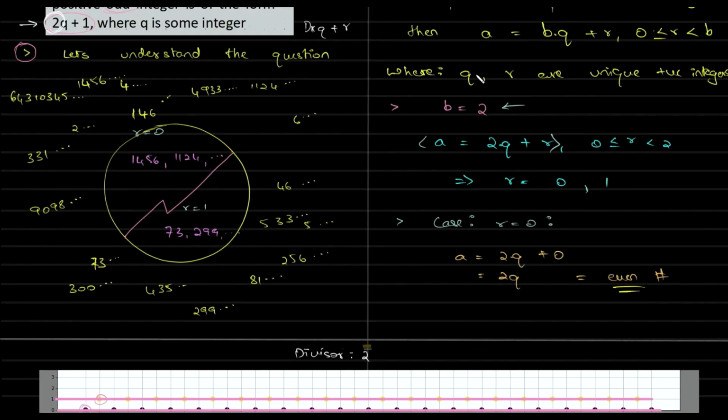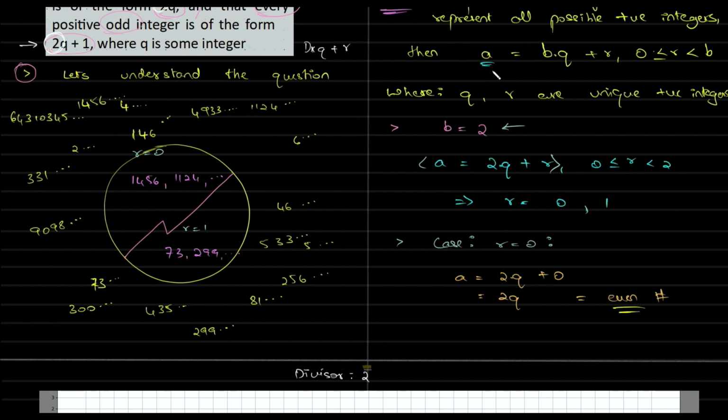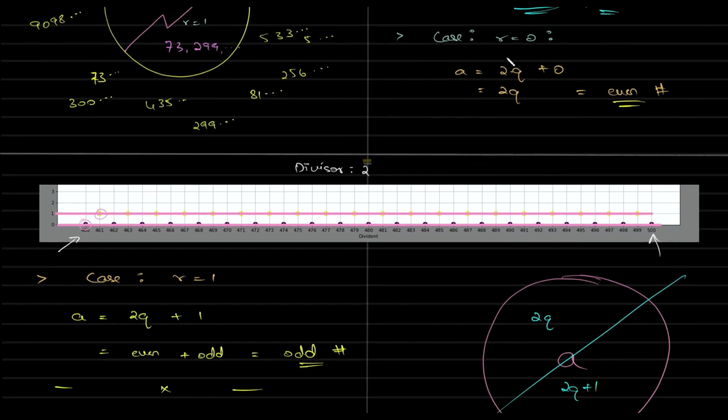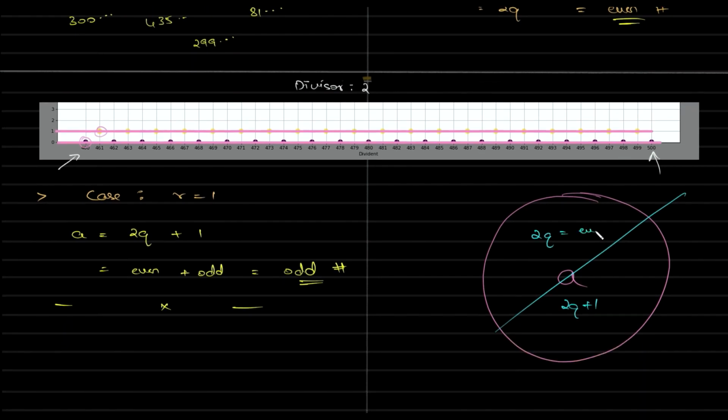Mathematically we showed that. We said that okay, a, b, all the possible integers, and we just took b to be equal to 2, and a got divided into two groups, right, when the remainder is 0 and 1. So when the remainder was 0, it gave us 2q, which was an even number, right? And the other group was 2q plus 1, which was an odd number.